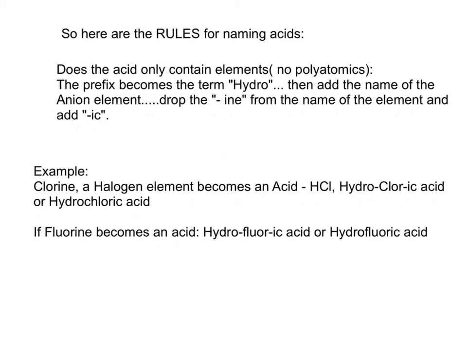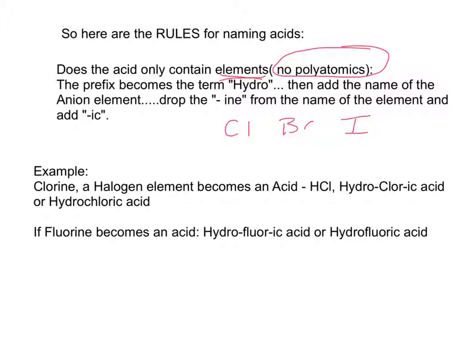Now, here are the basic rules. When I determine what the charge is and I get it balanced out, then the prefix, whenever I have just one of my main elements, not a polyatomic, very important, not a polyatomic, just an element, so like chlorine or bromine or iodine from my halogens there.